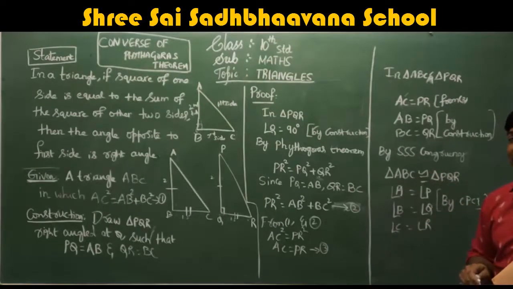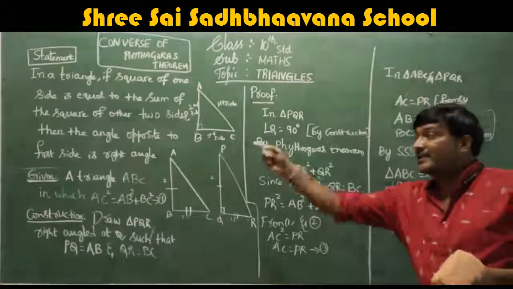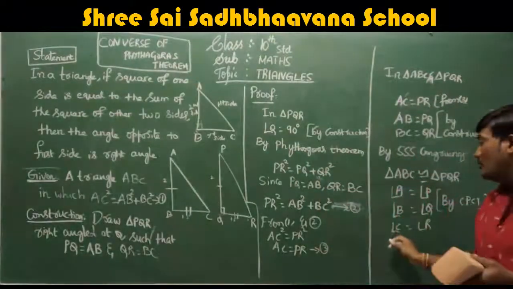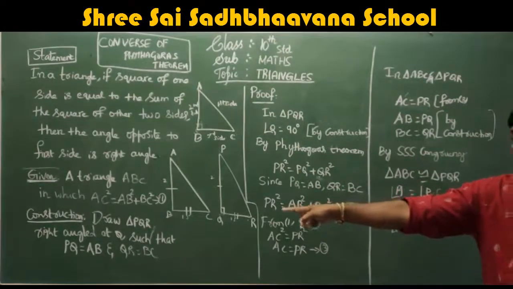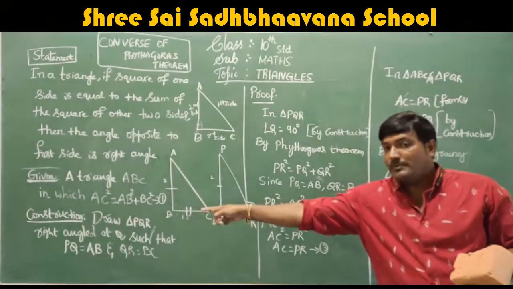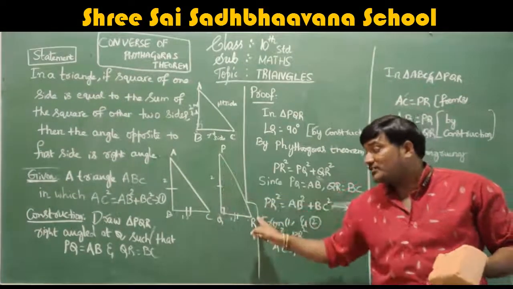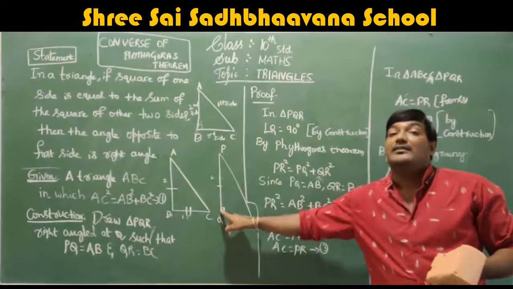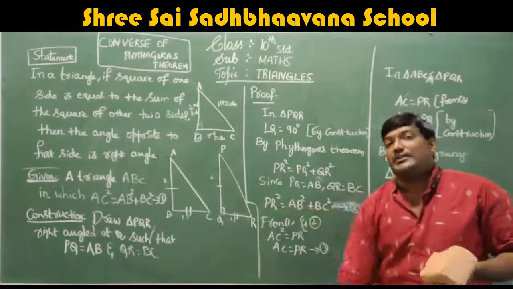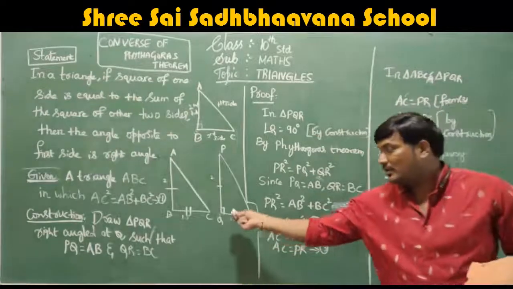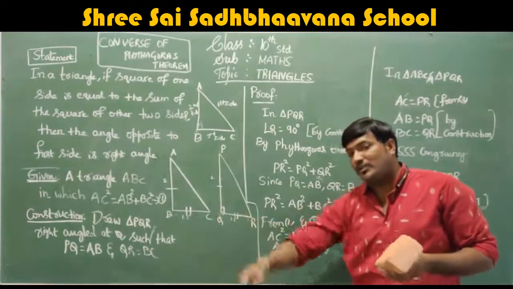And what we need to prove is that angle B is 90 degrees. So what is angle Q? See there, right angle at Q. What do you mean by that? We constructed triangle PQR in such a way that angle Q is 90 degrees. So already we have written here, clearly specified, angle Q is 90.